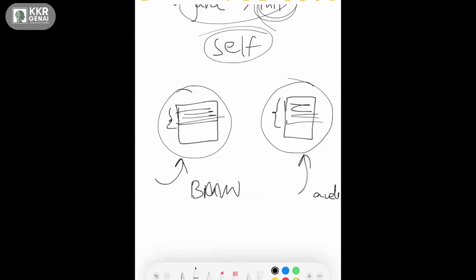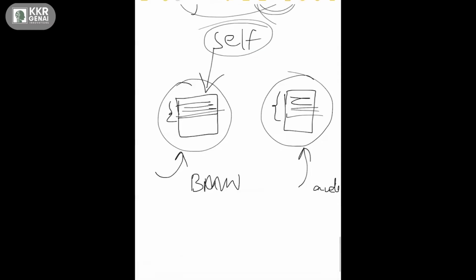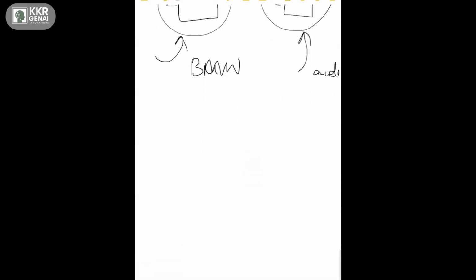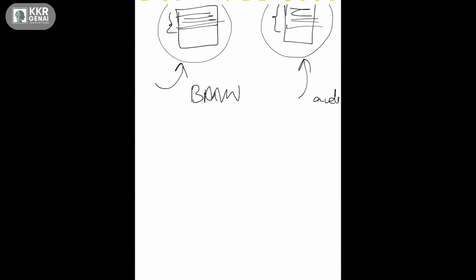If I'm working on a BMW object, self will point to BMW. The main purpose of the self keyword is that it points to the current object. And if I'm working with the Audi object, then my self keyword will point to the Audi object.